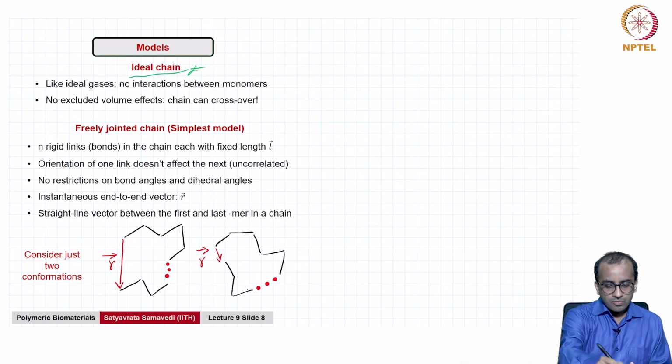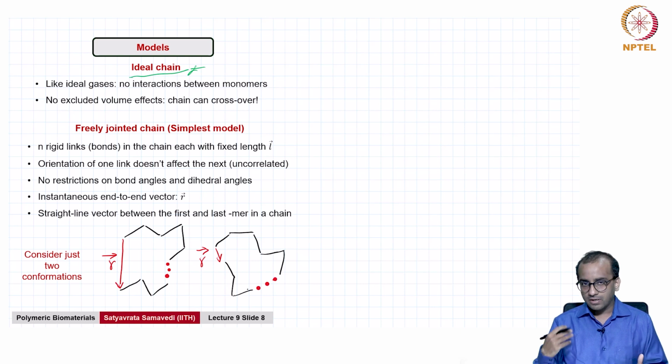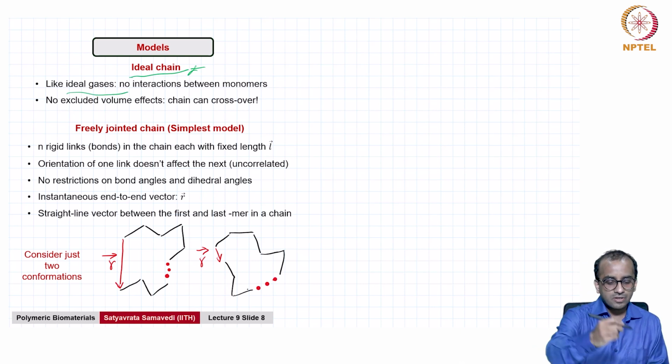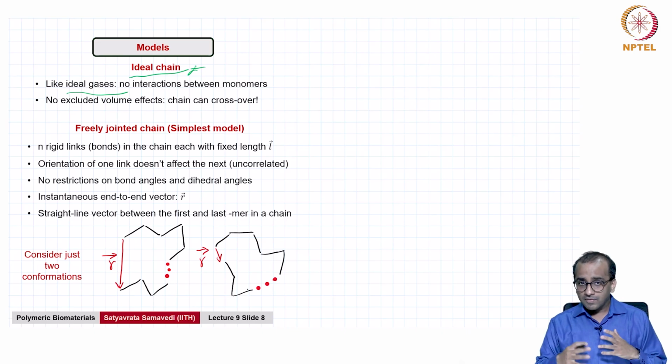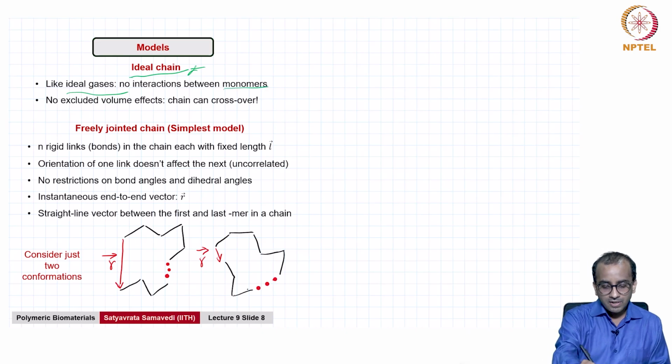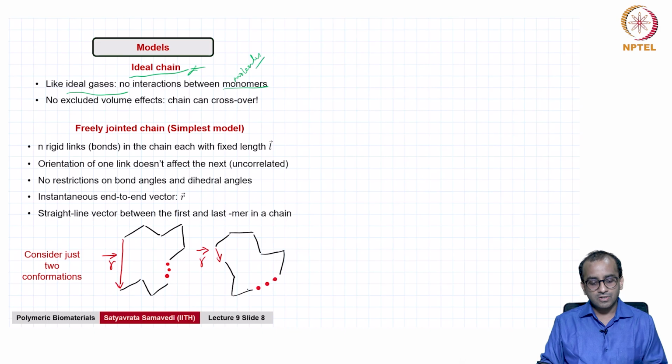Now, when you hear the word ideal chain, you might very likely be familiar with ideal gases, where ideal gases assume no interactions between the molecules. So, like ideal gases, here there are no interactions between the monomers for an ideal chain.